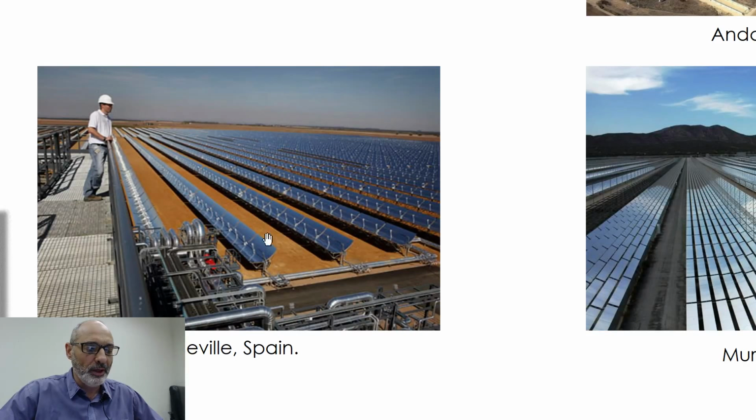You have only one parabolic mirror, and the focal point of this parabolic mirror is also a line. The collector tube runs along this line, and you have a motor or a mechanical system that is able to turn this mirror in order to follow the movement of the sun.